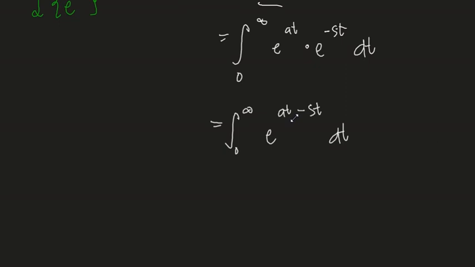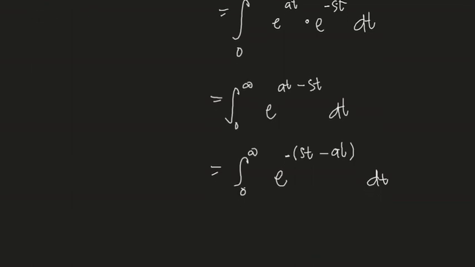So what we want is to factor out the constant. In order to factor that out, the constant should be in the last part, so I will just factor out the negative in our equation. So we will have this from 0 to positive infinity of e raised to negative, this time we have st minus at, dt. So we just factored out the negative sign.